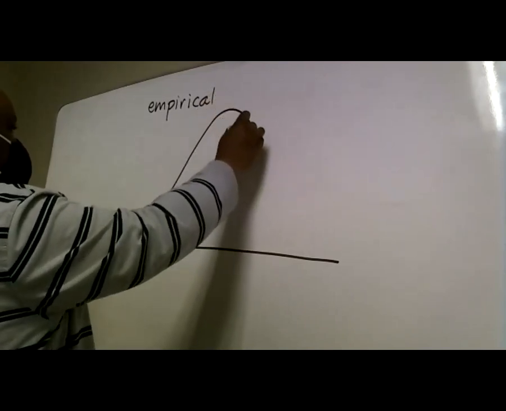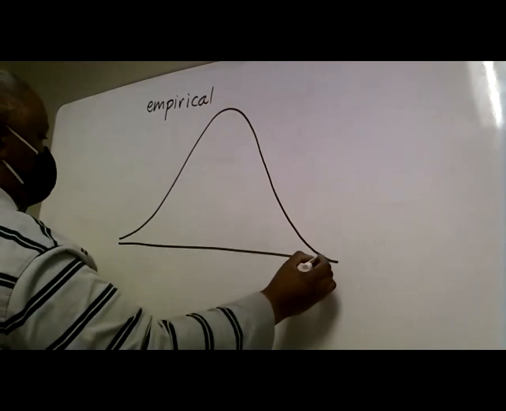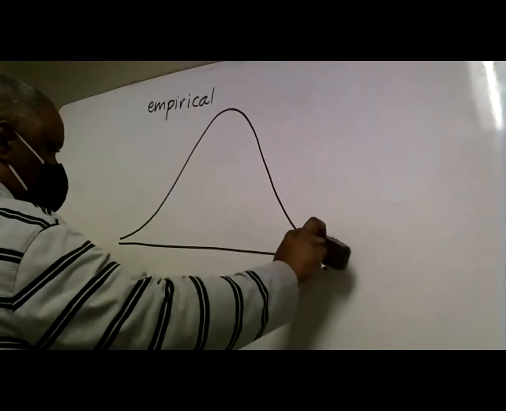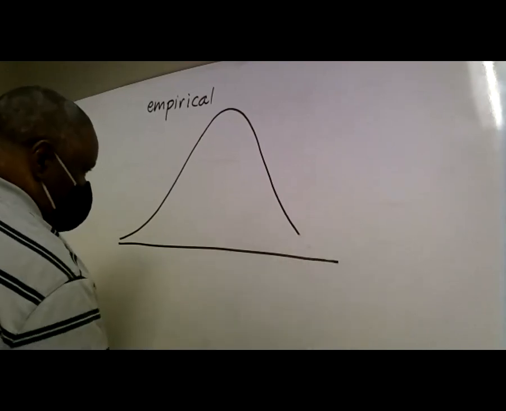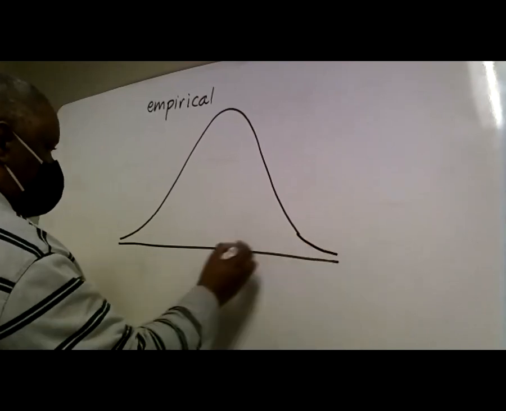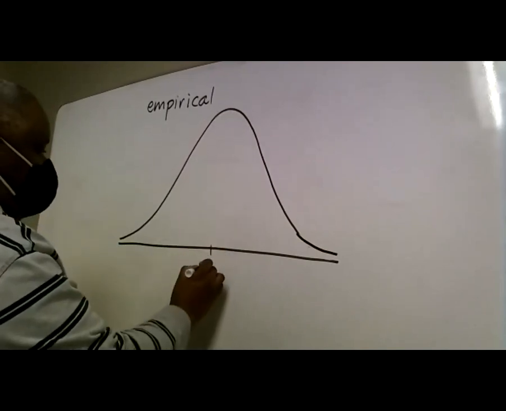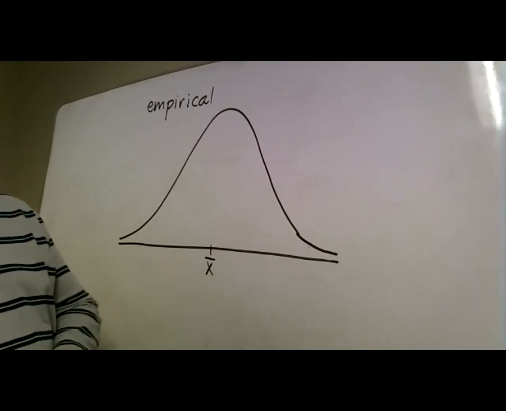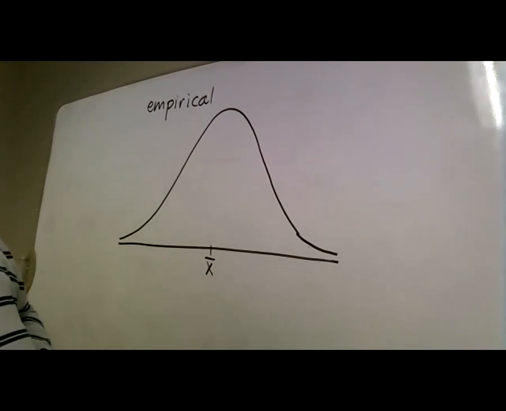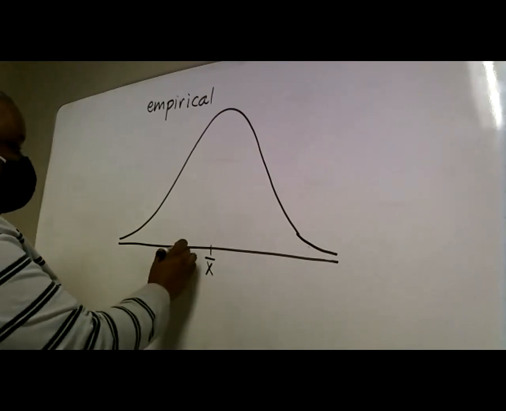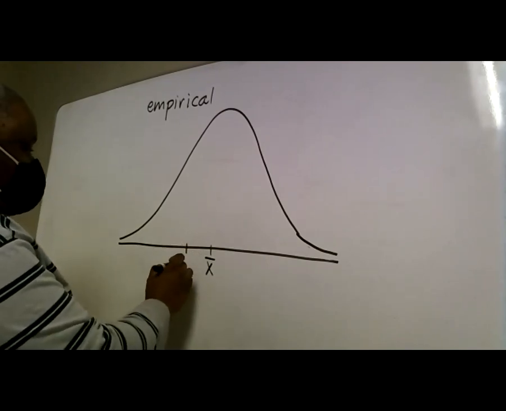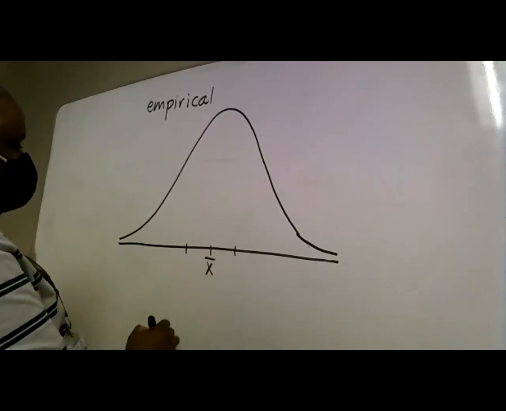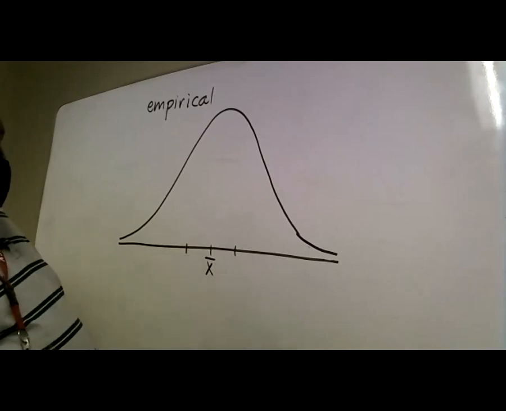So here's the normal curve right here. The mean, which I'm going to call X bar, is in the center of that curve. If I go 1 below and 1 above, each one of these represents a standard deviation.